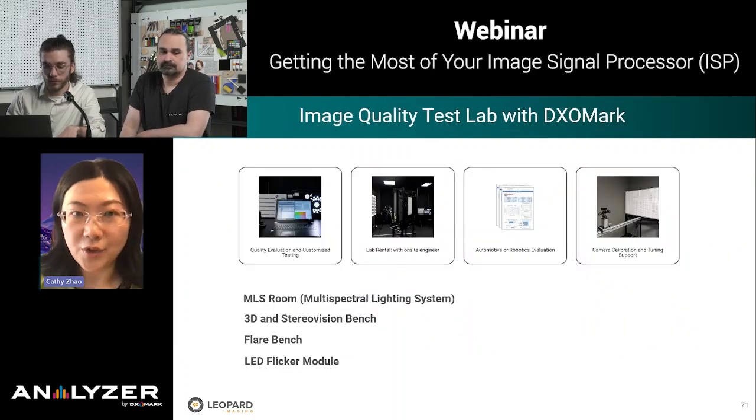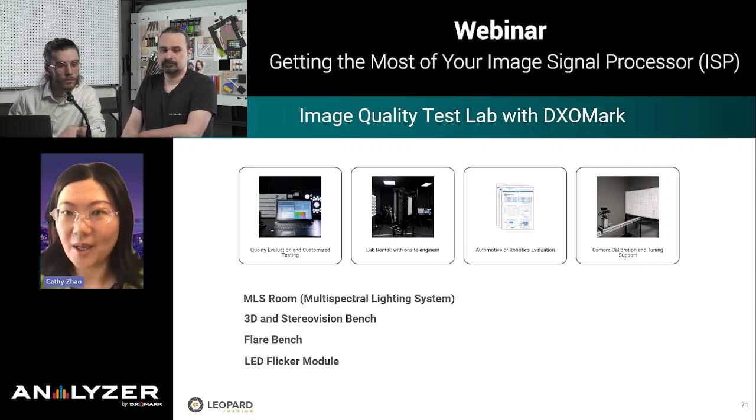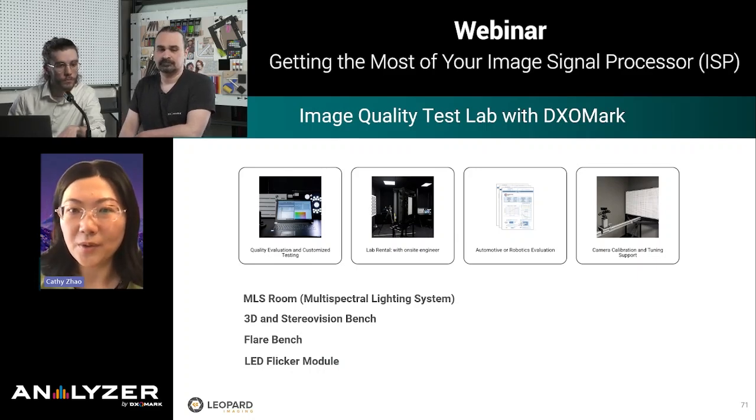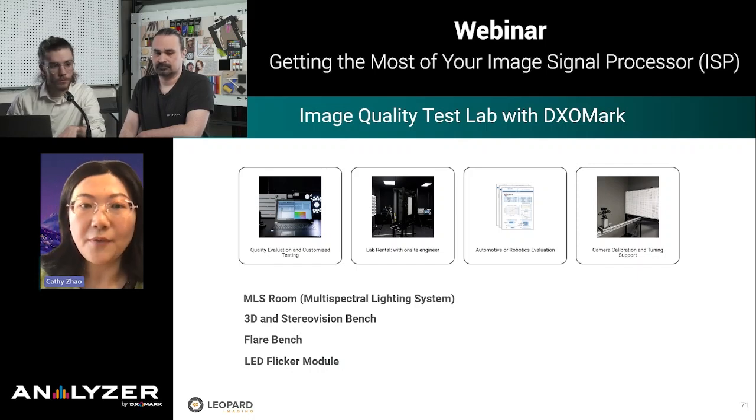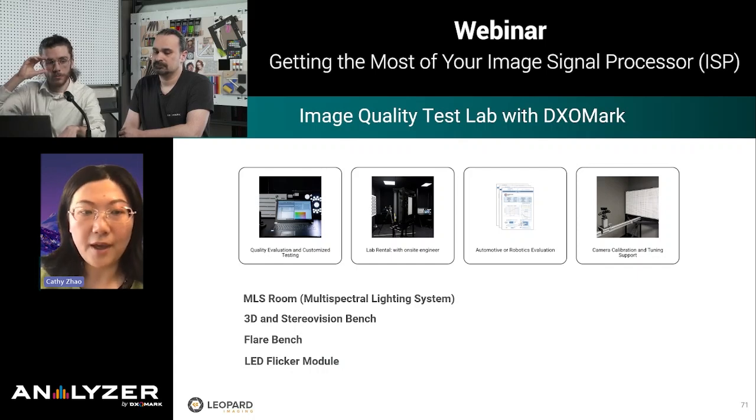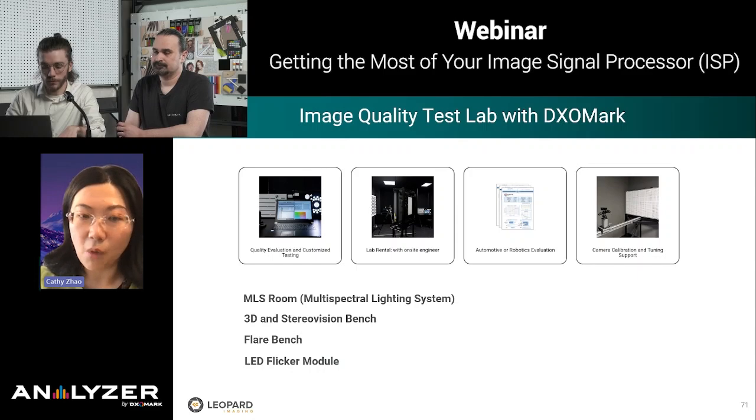I want to introduce to all of you our image quality test lab together with DXOMARK that we built last year in our Fremont headquarters. If you go to our website, you can see all the services we provide with all the highly advanced equipment from DXOMARK, be it the MSL room, the 3D and stereo vision bench, the flare bench, or the LED flicker modules.